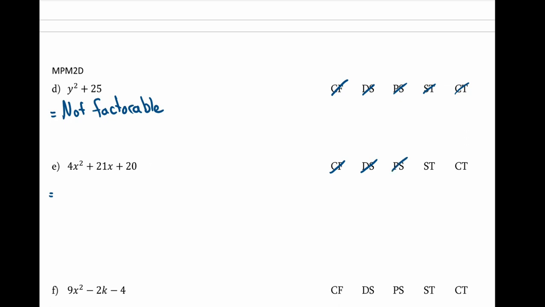Is it a simple trinomial? It is not, because the value in front of the x squared is not 1. So that means we're left with a complex trinomial. So here we're doing a modified product and sum method. We're looking for two numbers that multiply to give us 4 times 20, or 80, and they add to give us 21.